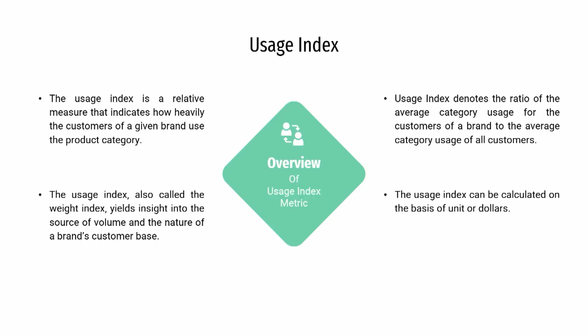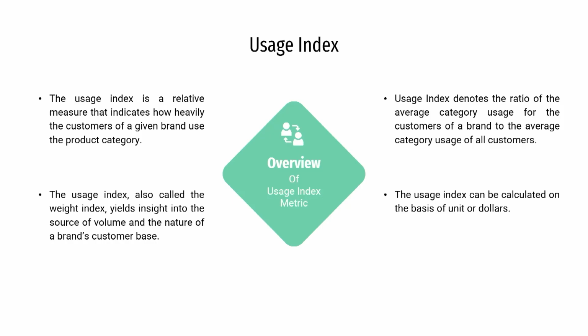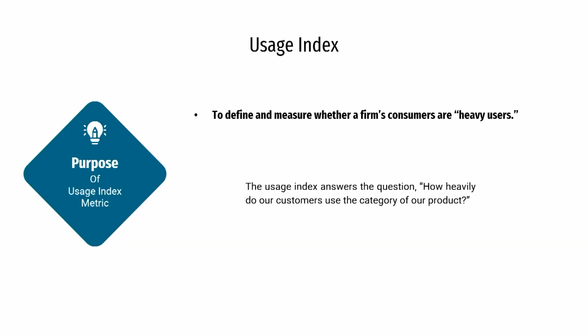Usage index denotes the ratio of the average category use for the customers of the brand to the average category use of all the customers in the market. Similarly to share of requirements, the usage index can be calculated on the basis of units or dollars. Now, let us have a look at the purpose of usage index.